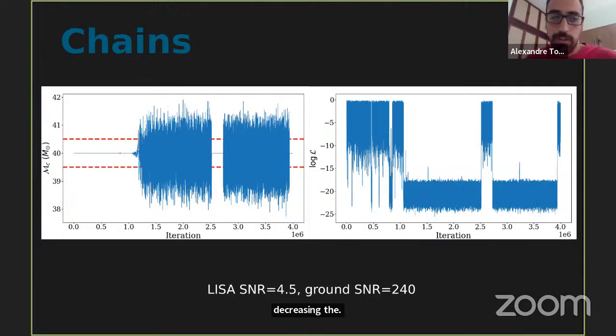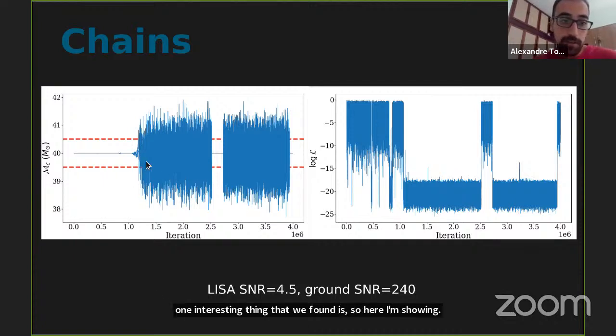But one interesting thing that we found is, here I'm showing the chains for one particular system, which had an SNR in LISA of 4.5. We started our chain from the true point, but you can see that at some point the chain loses the signal and then finds it again, and then loses it again.